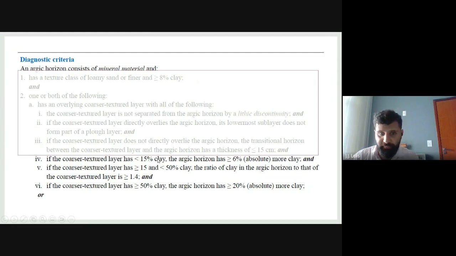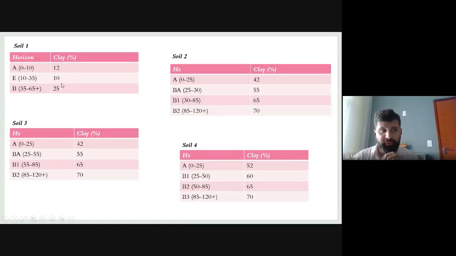In this case, the argic horizon should present at least 6% more, in absolute terms, clay than the E horizon. So if the E horizon presents 10% of clay, the B horizon should present at least 16% of clay to be classified as an argic horizon. In this case, the B horizon presents 25%, much more than only 16.